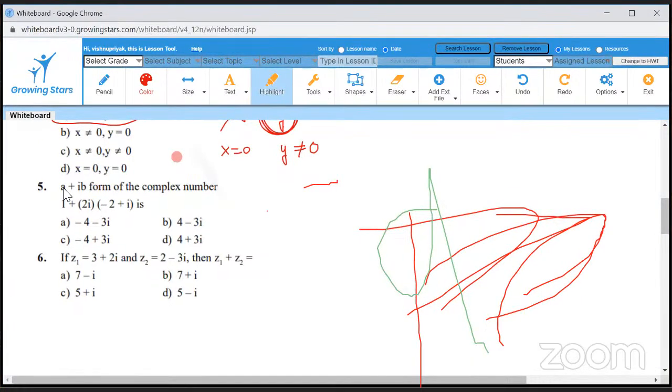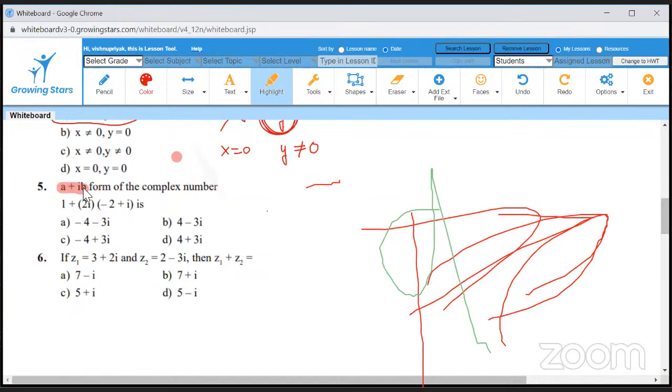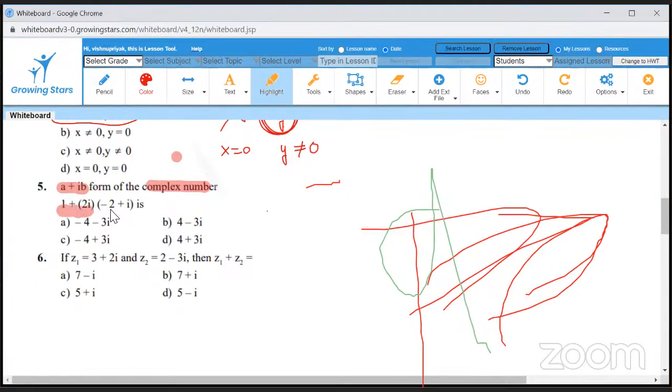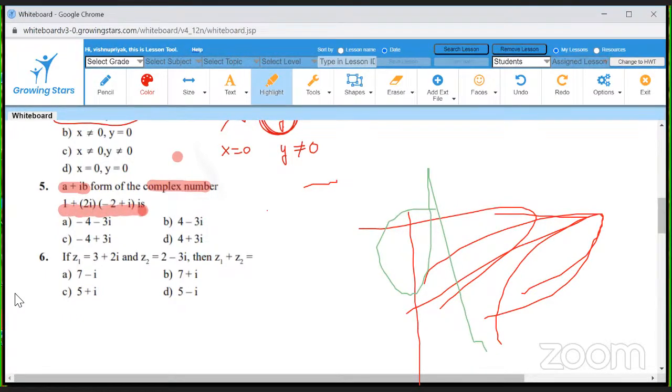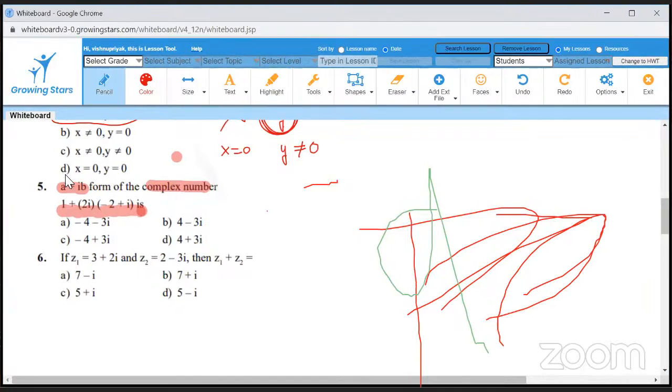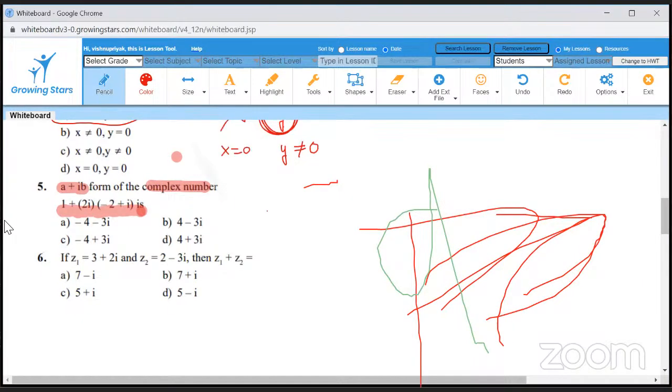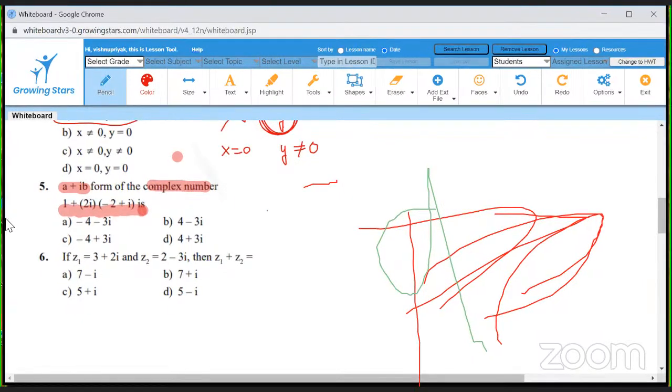A plus ib form is the complex number. Actually, complex number means a plus ib. So they are asking you to write this one in a plus ib form. Do whatever you want, but you must get a plus ib form. Which one is the correct answer? Check out. Find out and tell me.